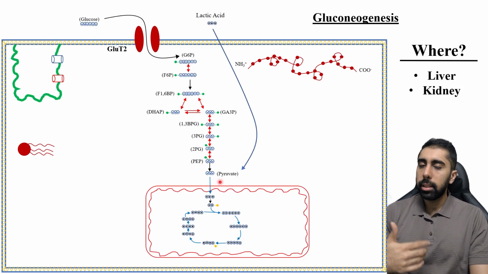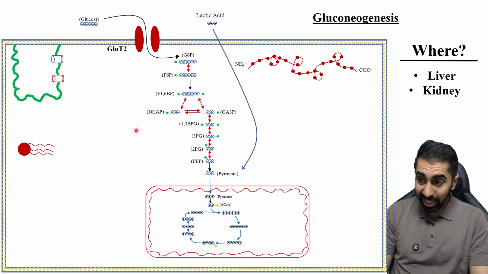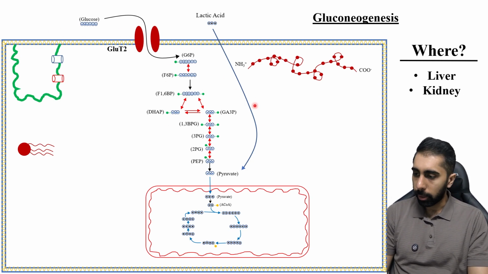In a normal situation, we know that pyruvate can enter the mitochondria and turn into acetyl coenzyme A. But we're going to do gluconeogenesis. We don't want to produce ATP now. Our main purpose in the liver is to produce glucose, not ATP.